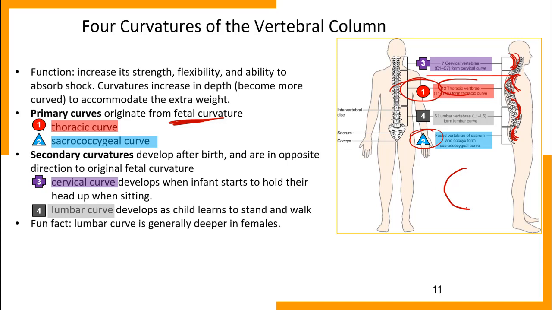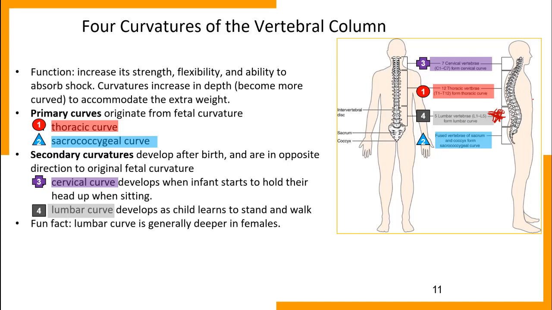So the back of the infant looks like this. As the infant or the toddler learns to walk and stand, then the other 2 curves, the lumbar curve and the cervical curve, develop.